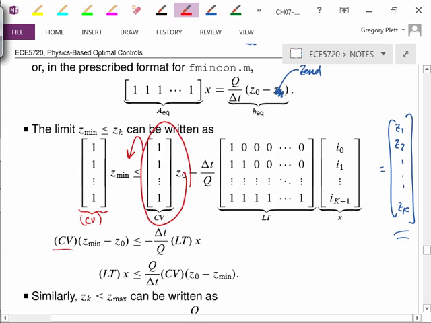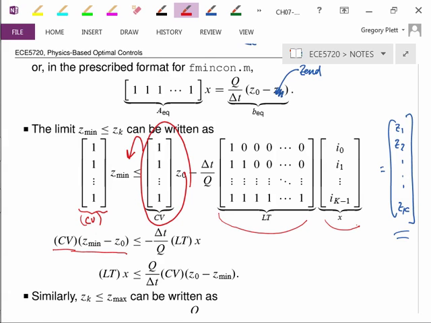So CV times Zmin minus CV times Z0 is less than or equal to minus delta T over Q multiplied by this lower triangular matrix multiplied by X. And I am going to multiply both sides by minus 1. When I do that, remember it changes the inequality. So it's going to make that plus, and it's going to make that minus there.